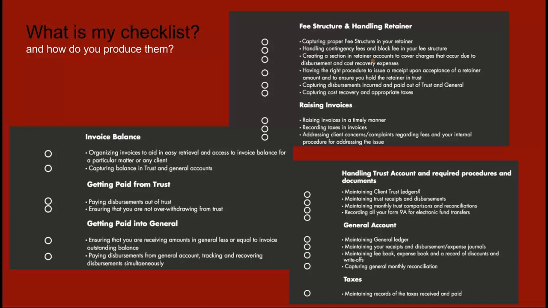Then we talk about how you capture the information. Let me reiterate that. So let's say you're capturing a retainer of $1,000. That's the retainer you're going to ask your client.